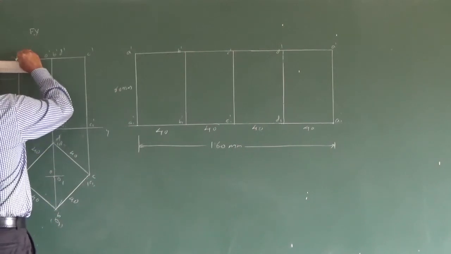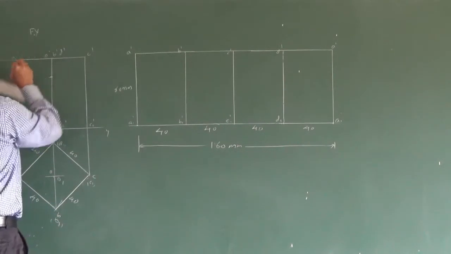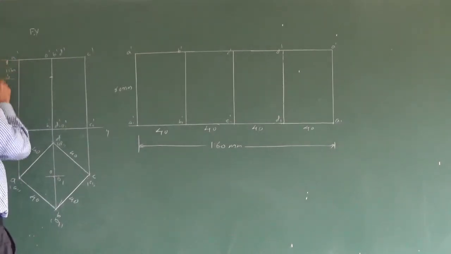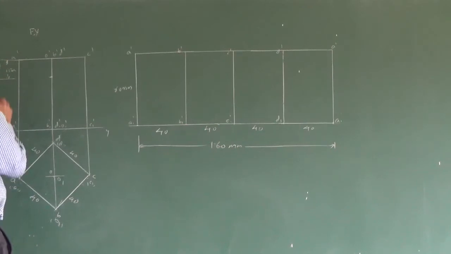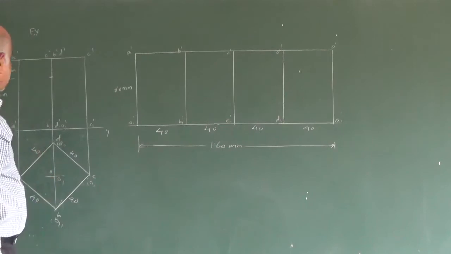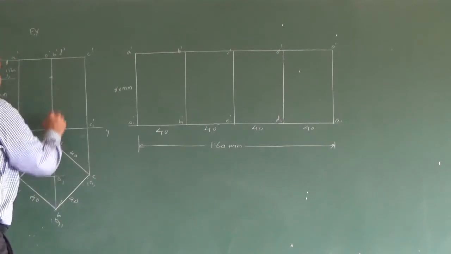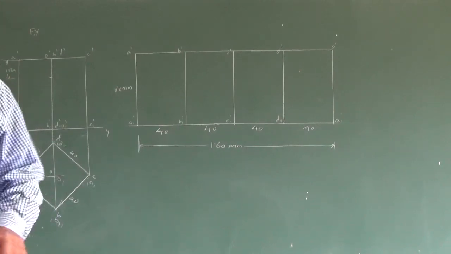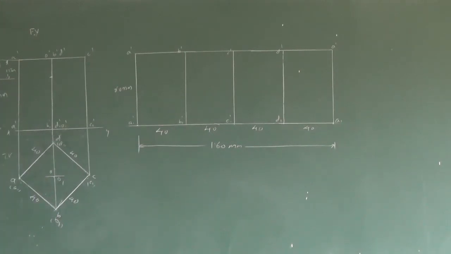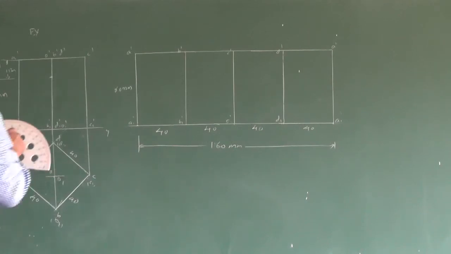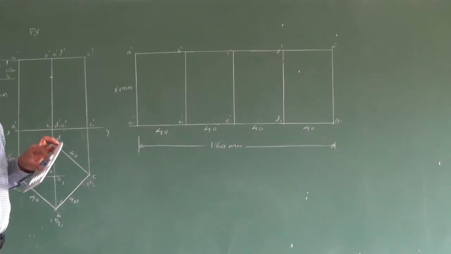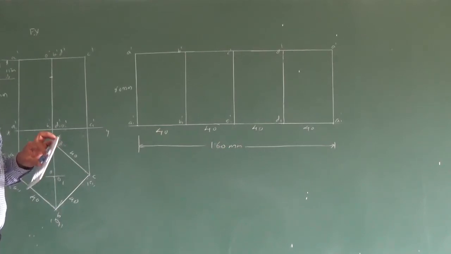This distance is 15 mm from the top. Total height of the prism is 60 mm. Out of this, 15 mm we are going to remove, and the remaining portion is 45 mm. You have to draw the cut section 15 mm away from the top surface, and this cut section is passing through the axis point.